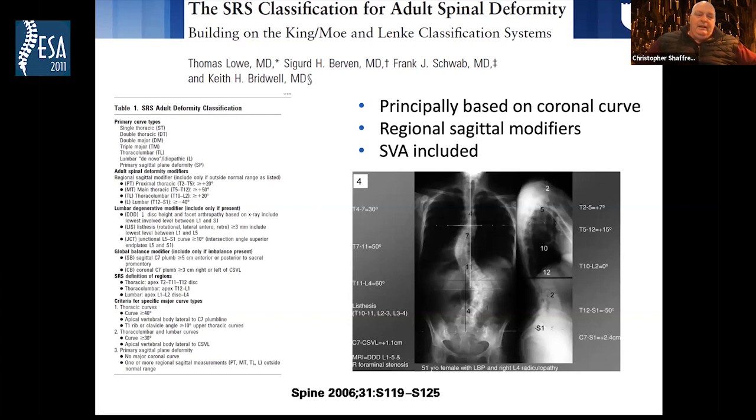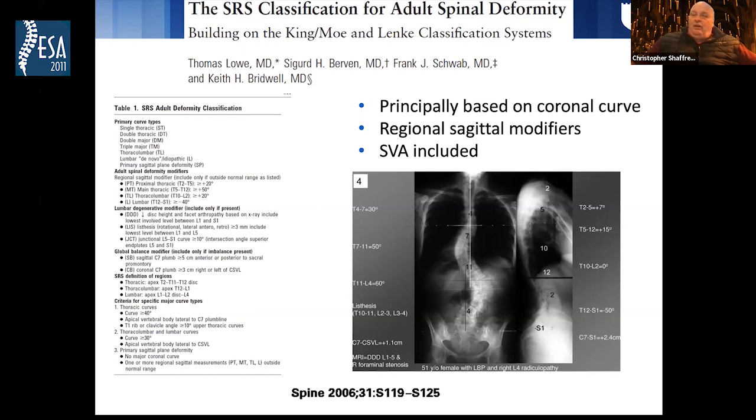And if you look at this initial SRS classification by Tom Lowe and others, it was really focused on a growth of the King-Moe and Lenke classifications, with the thought being that really adult scoliosis in most cases was really a progression of what was seen in adolescent scoliosis.